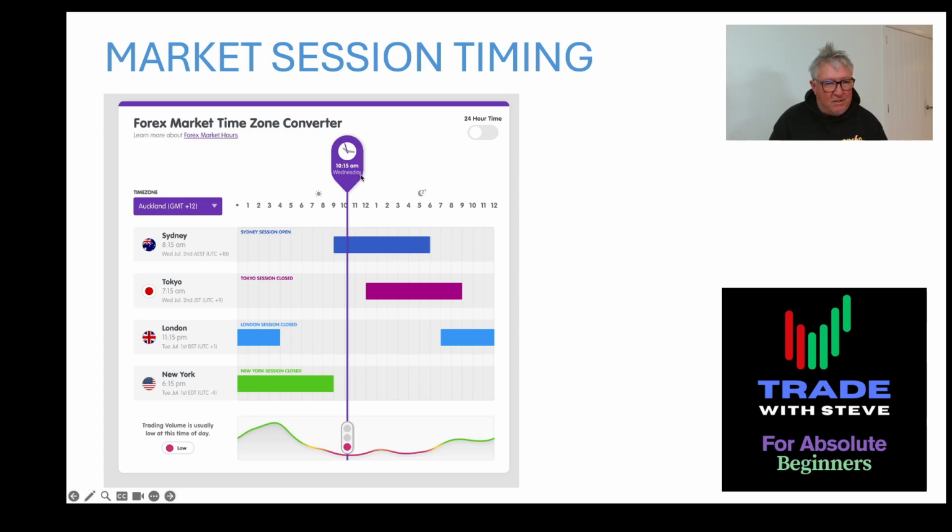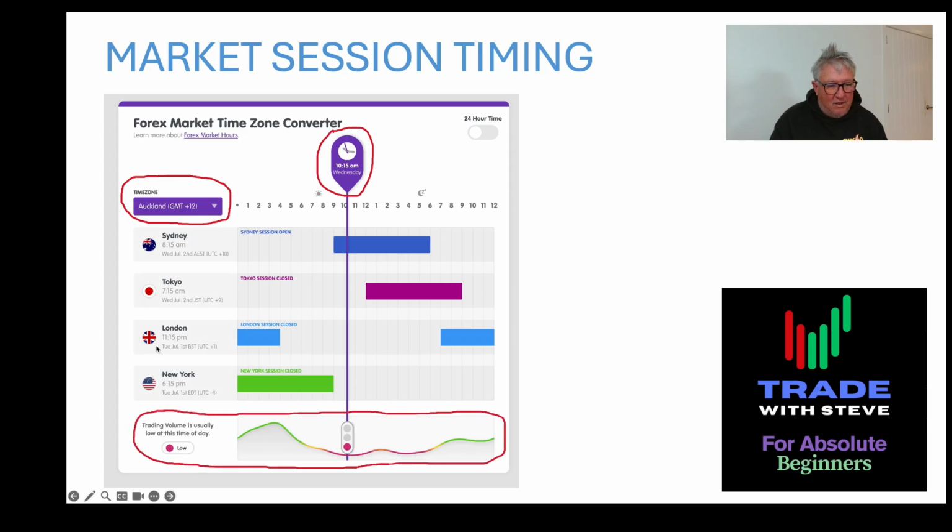And you'll see we have this little thing here, and we can move it around. You'll see that the time zone that we have set is for Auckland in New Zealand. That's very important. And we can move this little guy around and see exactly when, for example, the Tokyo market opens. Also see down the bottom, it's pretty cool.